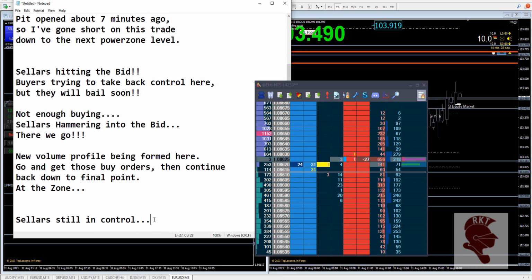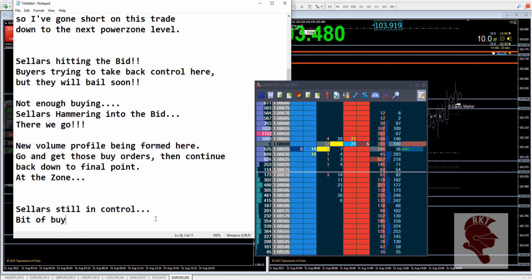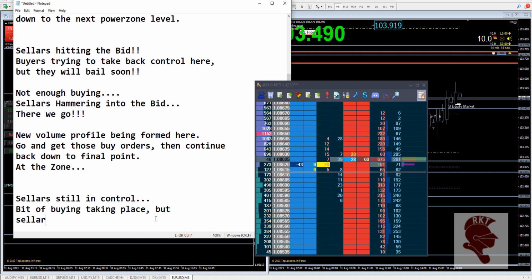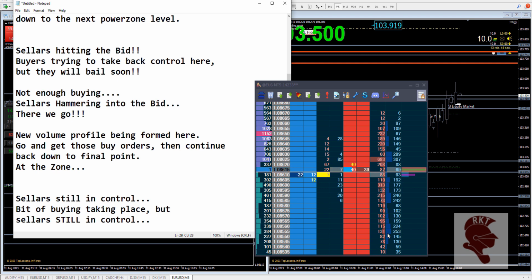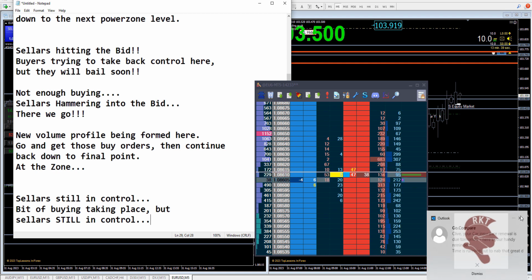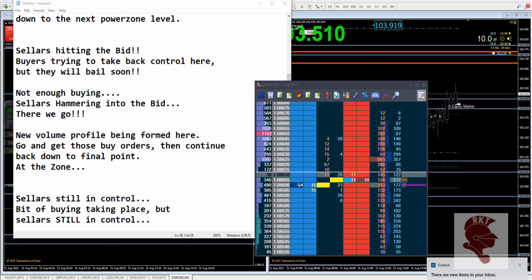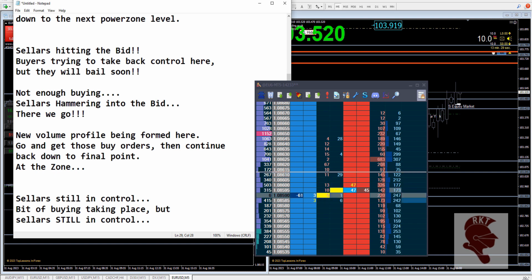What I'm looking at now is it appears orders are firming up a bit, pushing the price back up slightly, but looking at the orders on the DOM, the bids and the offers, the sellers seem to be in control.